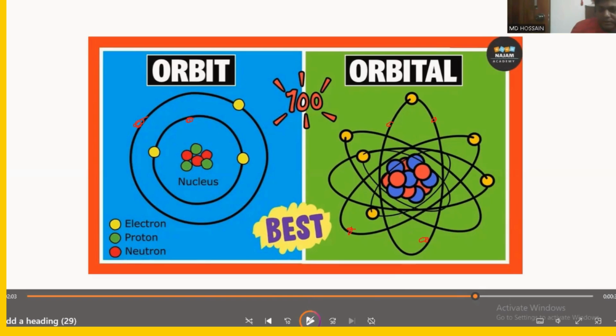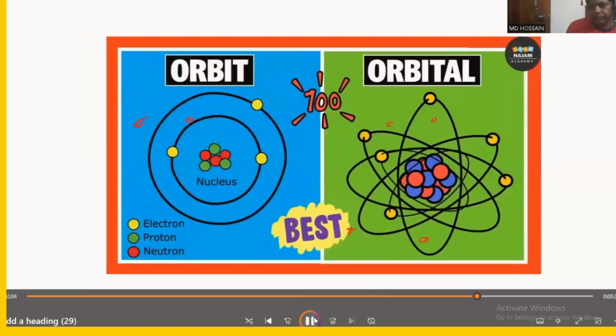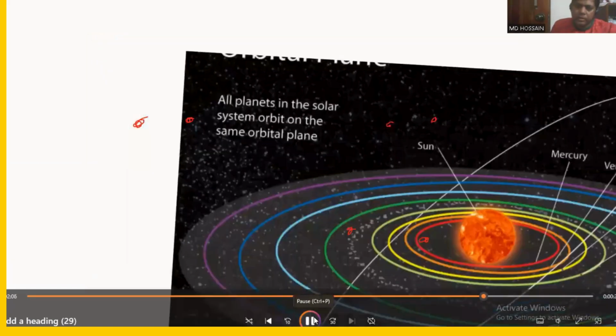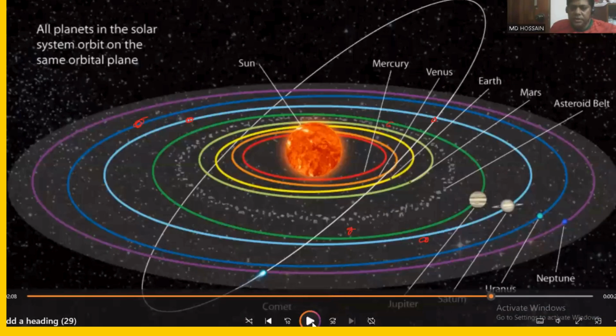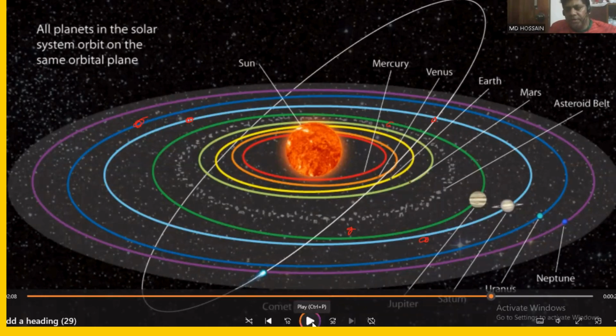And next, see here, the concept of orbit and orbital may be explained in terms of the solar system. The universe is composed of infinite solar systems.